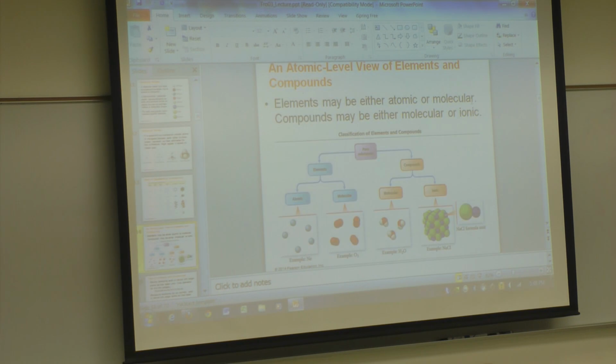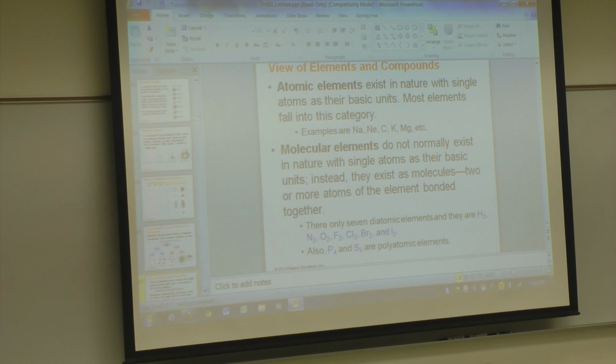On the atomic level, therefore, we need to be able to differentiate between atomic or a molecular compound. Atomic elements exist in nature as single atoms. So for example, we have sodium, neon, carbon, potassium, magnesium, and so forth.